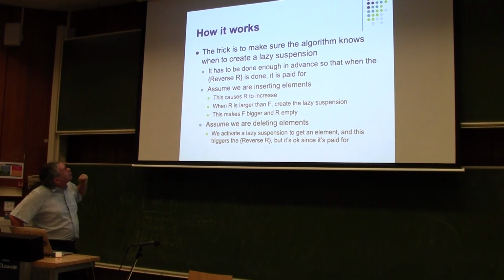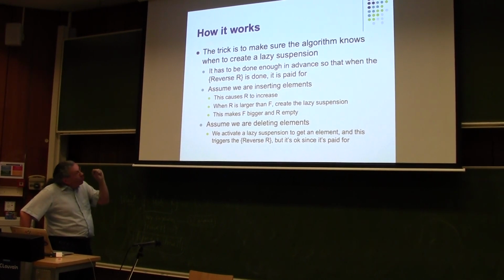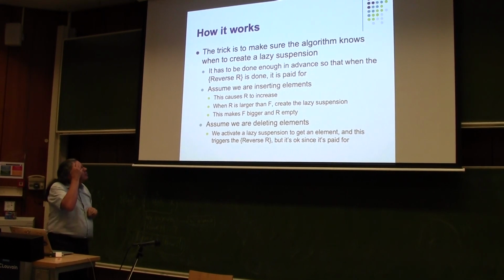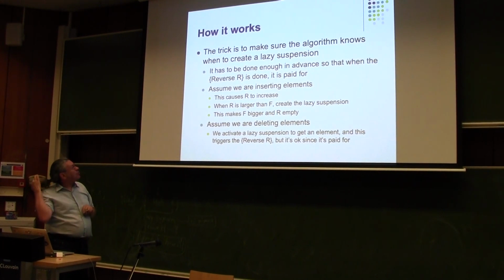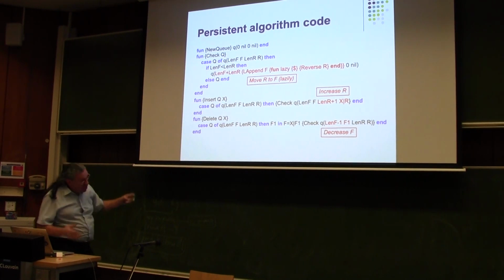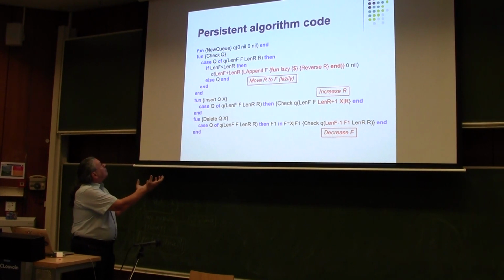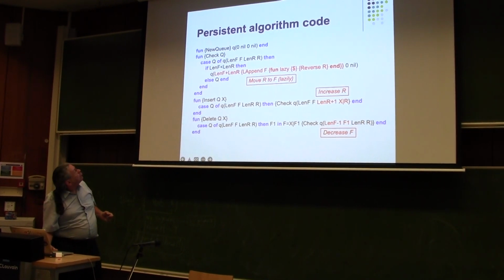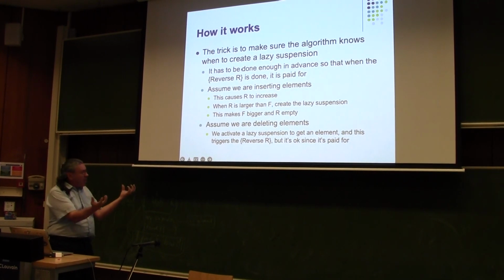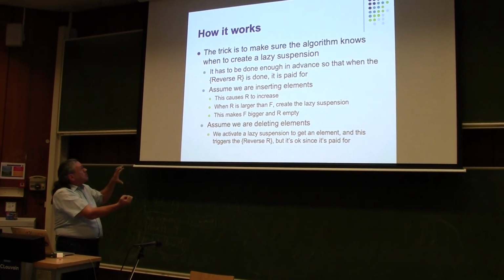So assume we are inserting elements. If we insert elements, R gets bigger. Eventually R gets bigger than F, and then this condition is true and we create the lazy suspension. That makes the new R empty, so it empties out R, and F gets bigger.